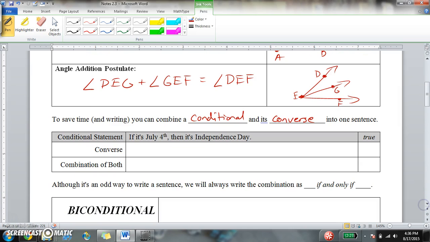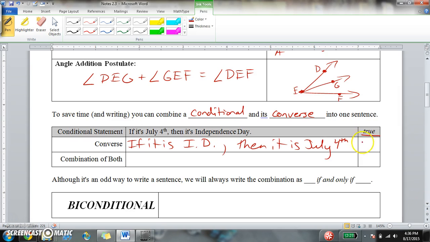For example, if we have the conditional statement, if it's July 4th, then it's Independence Day, that's a true statement. The converse would be, if it is Independence Day, then it is July 4th. Assuming that we are in America, that would also be a true statement.